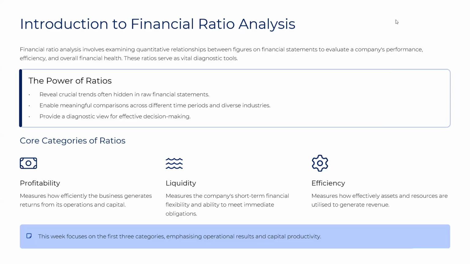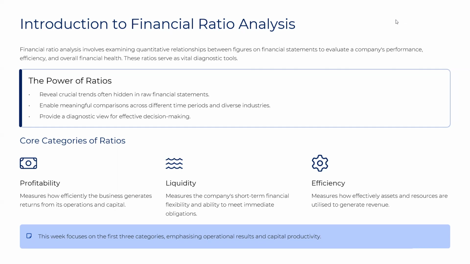We have other types of ratio that are not financial, but because we are in a financial analysis class, we'll be looking at just the financial ratio. Financial ratio has to do with examining the quantitative relationship between the figures on your financial statement.